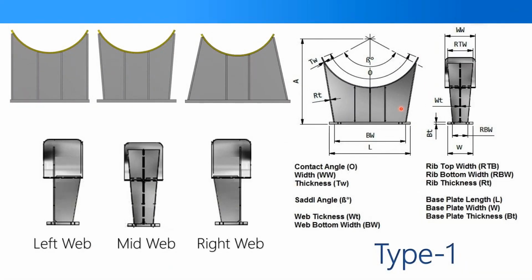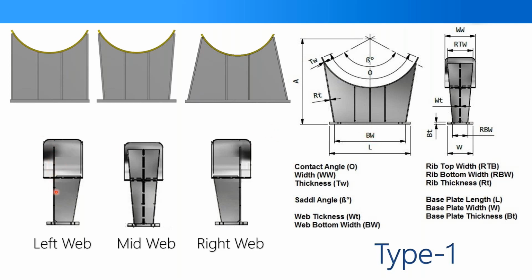In each type of the main 4 types, you can control the web bottom width. You can make it with straight sides, or you can make it with a narrow or wide bottom by controlling the BW parameter.